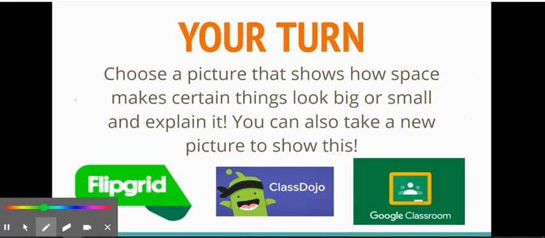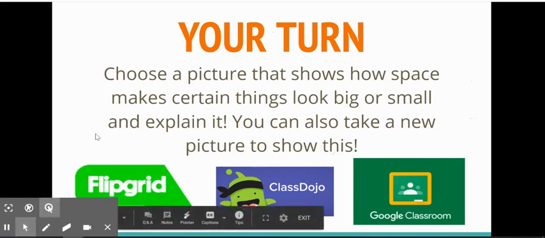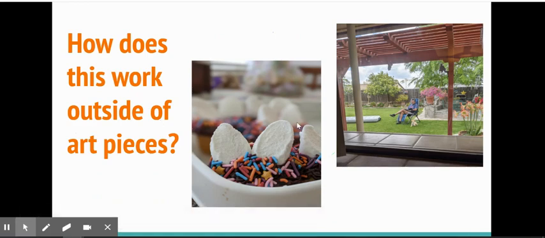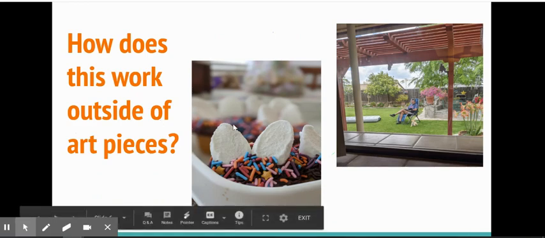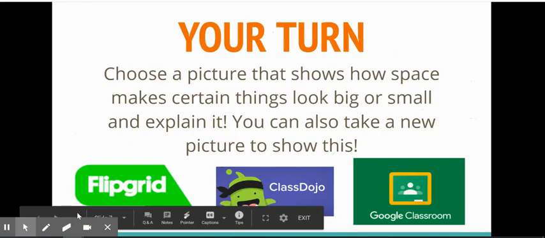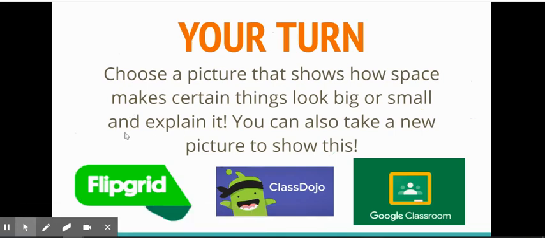Remember my picture of the cupcake, let's go back to that picture. There it is. Because this picture is so, so close to the camera, it makes my cupcake look really big. So that's how I want you to take your pictures. You can take a picture from up close or far away.